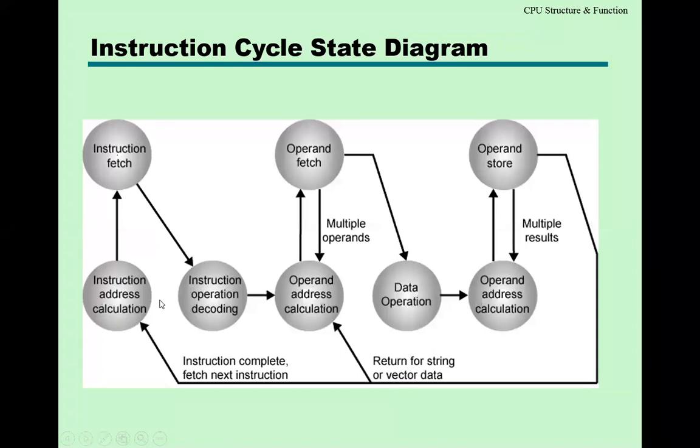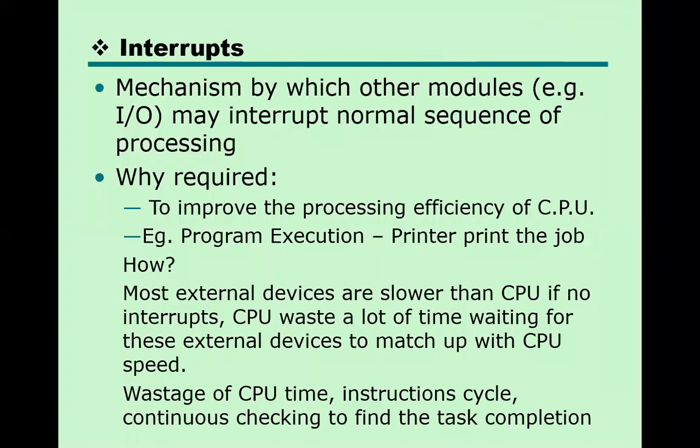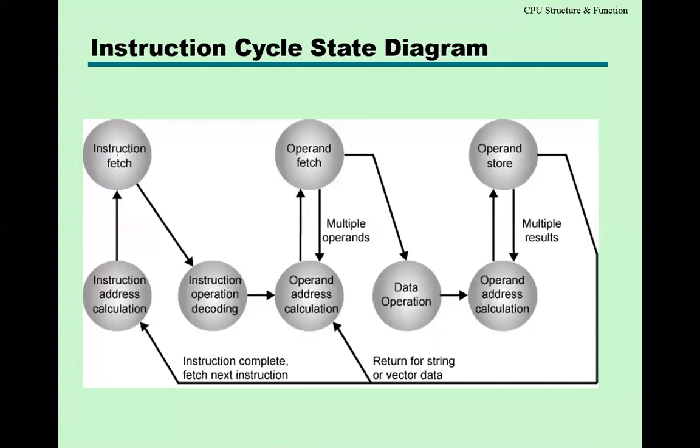Again, PC is incremented by 1, and the next instruction will be fetched. So this is a simple instruction cycle state diagram. If you understood our previous example, you can easily understand this instruction cycle state diagram.